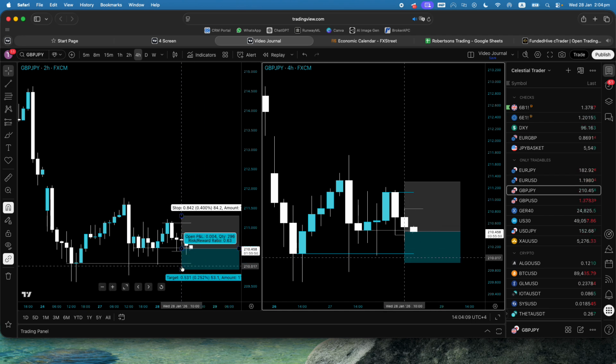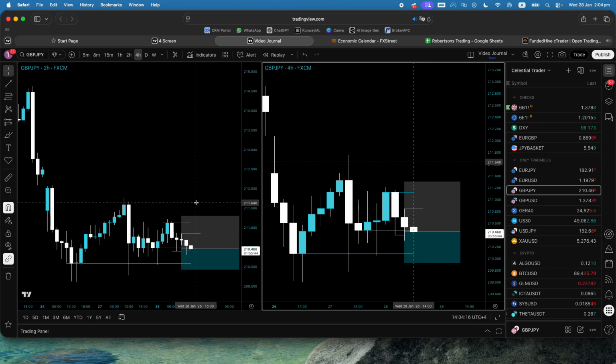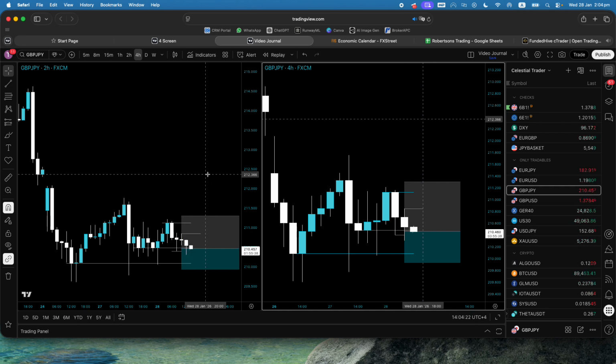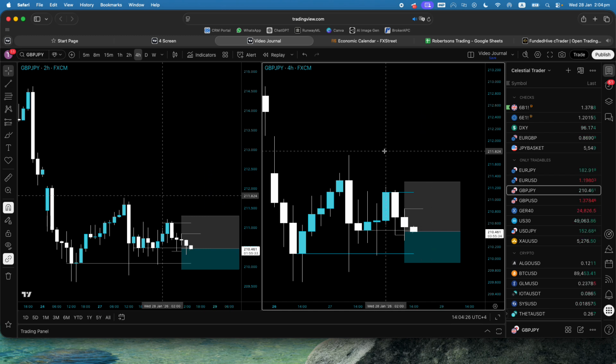Now, target wise, anything under 210.07 I will be looking at closing. I use a low time frame once I get to that point to enable that closure, and I'll show you that in the second video once this trade has been completed, win or loss.